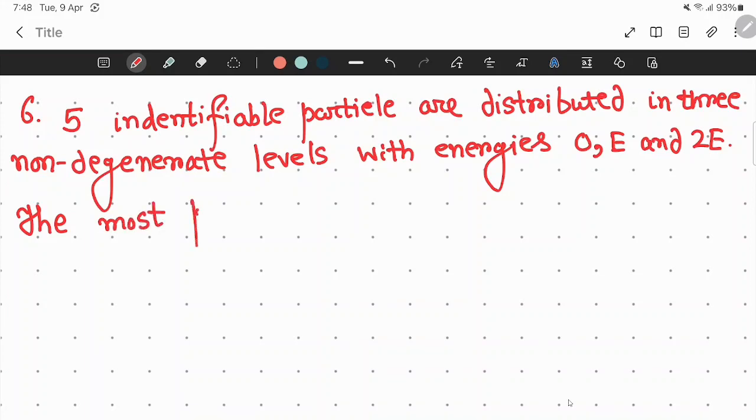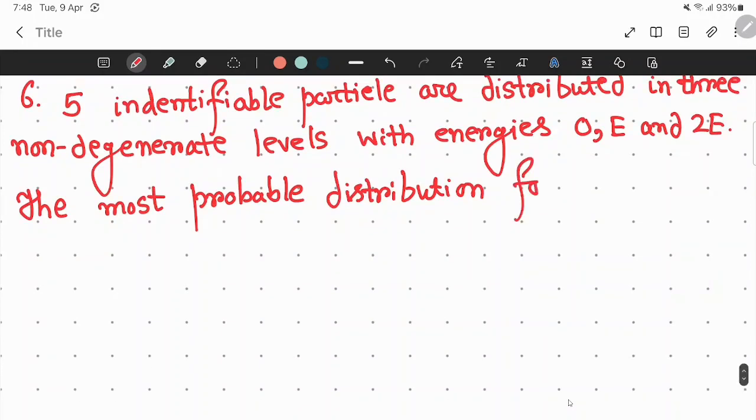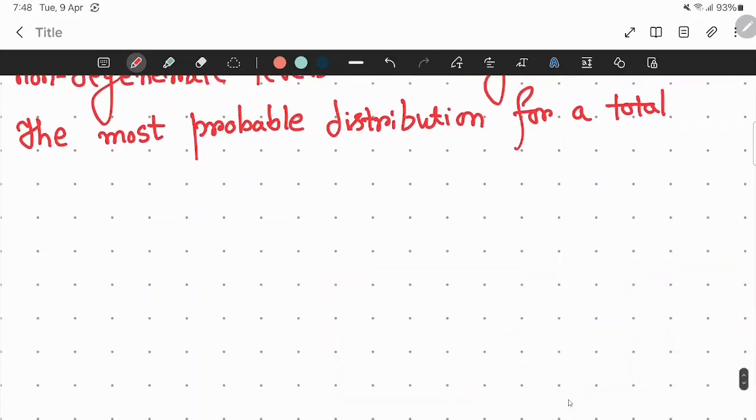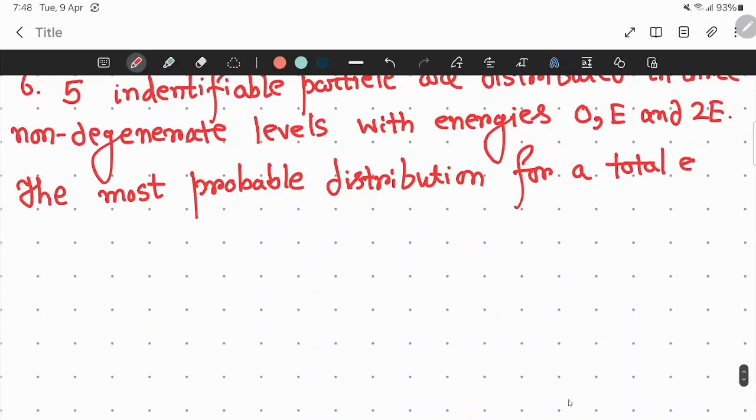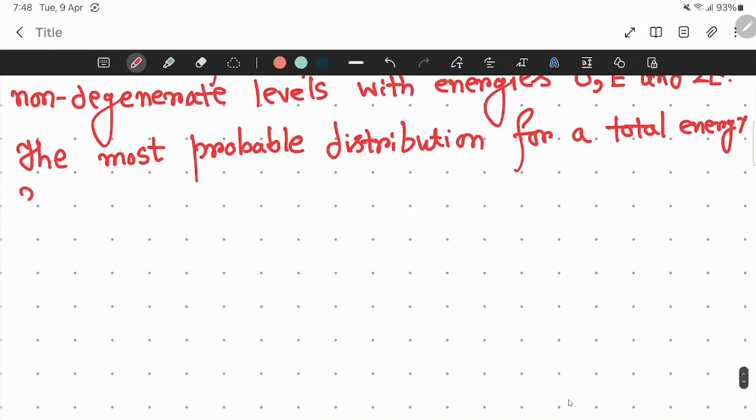The most probable distribution for a total energy 3E would be.